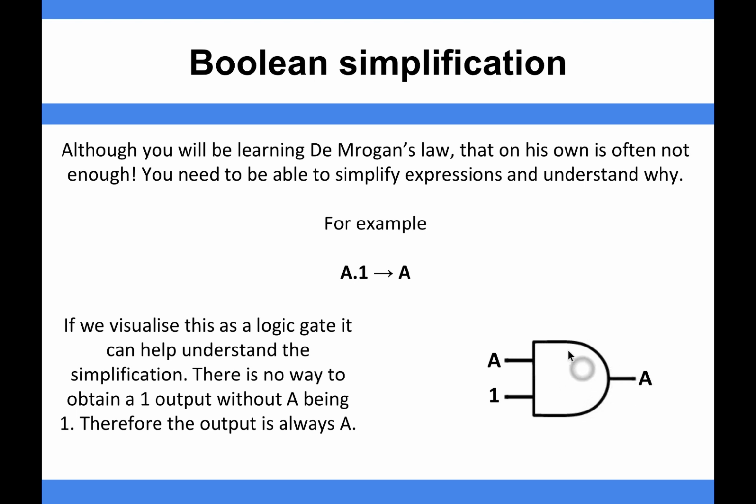So with this as our example, if A is 0, the output is 0, because just because that's a 1, they both need to be a 1 for the output to be a 1. So if A is 0, the output is 0. If A is 1, the output is 1, which basically means the output is whatever A is. The 1 becomes irrelevant. So A and 1, you can simplify down to A.